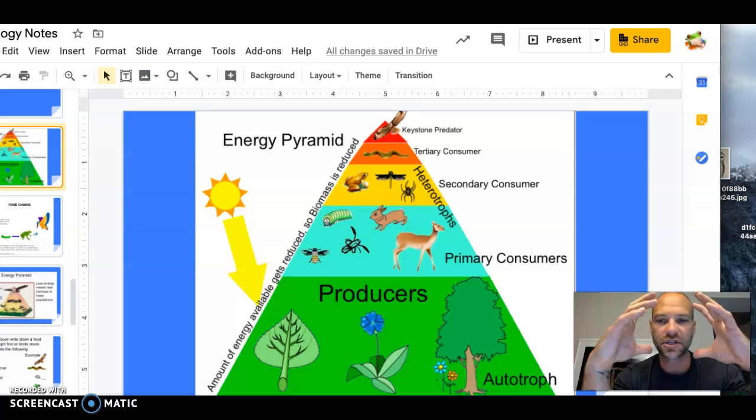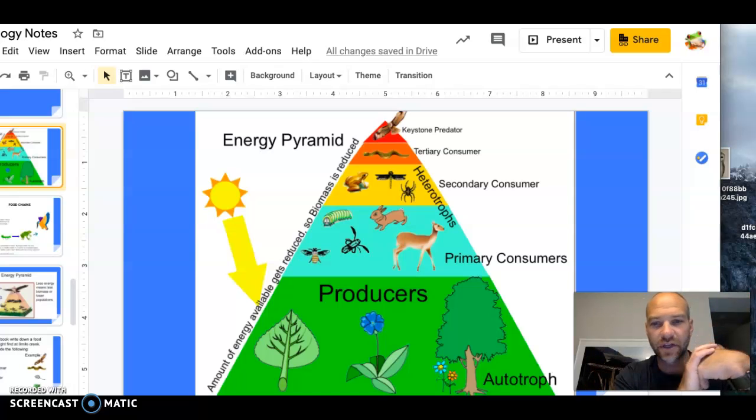Now, all that energy is used for growth, and some of it is lost as heat and molecular processes. So not all of it is available to our consumers. The first consumers are generally herbivores. Sometimes they could be an omnivore, but whatever is first in line, whatever is eating the plant, is known as a primary consumer, the first consumer.